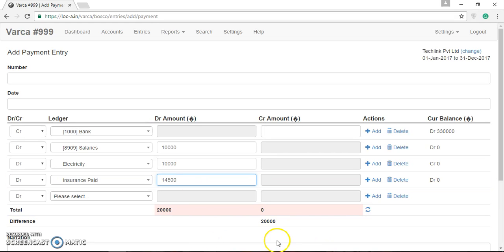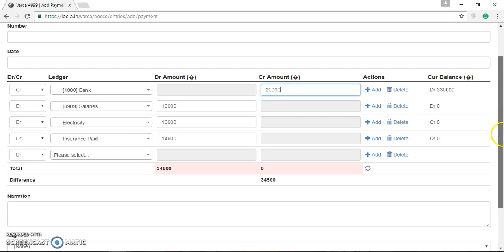So now the total would come up to 20,000, which is easier to write here. 20,000 debited from bank account.